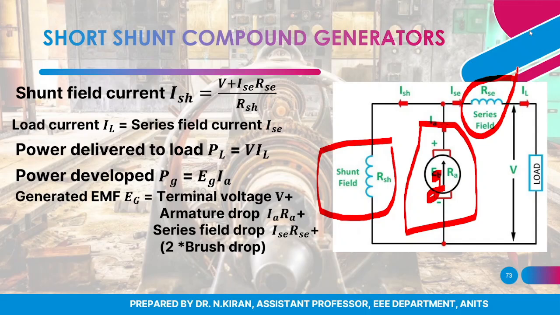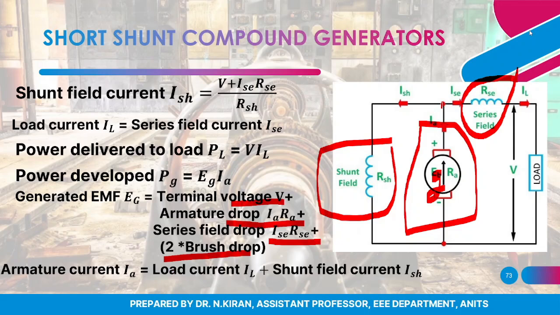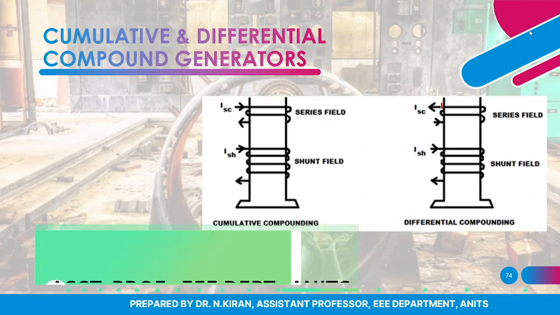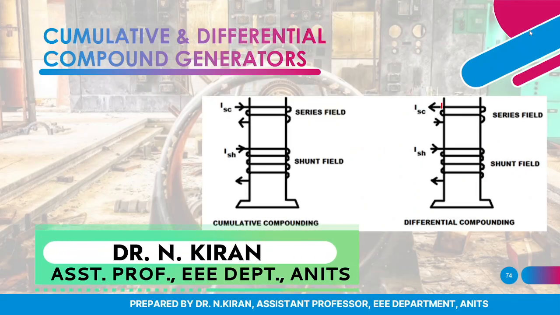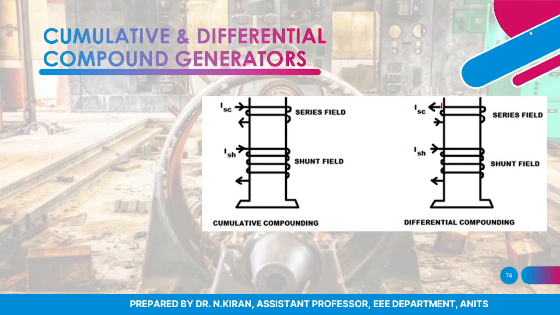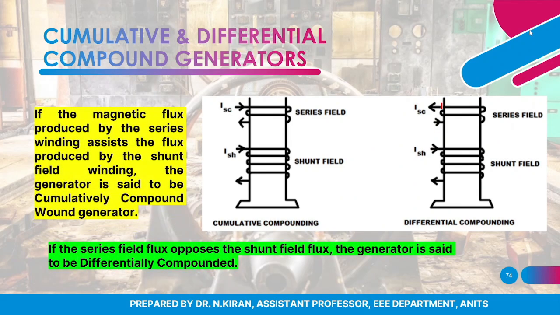Again, if I apply KVL, that will give me the expression for EG to be V plus IARA plus ISC RSC plus 2 into brush drop, and upon applying KCL at that node, my armature current IA is equal to IL plus ISH.